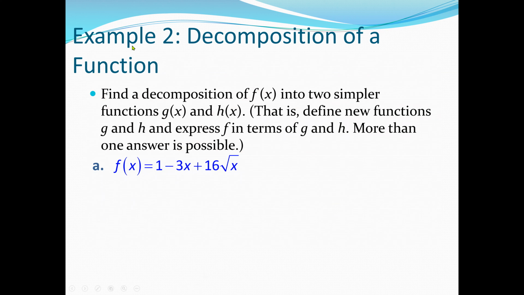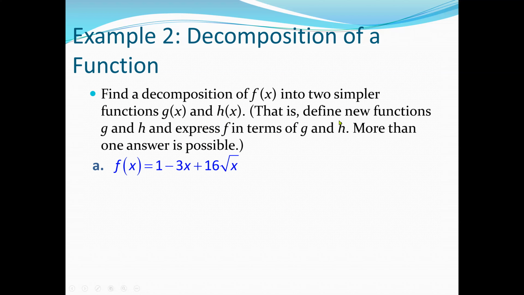So let's see the next example, which is decomposition of a function. Now here they say we should find a decomposition of a function f at x into two simpler functions, g at x and h at x. We know decomposition means we have a big unit and we have to break it into smaller parts. So here we have a function f at x, and we are going to break it into smaller parts, g at x and h at x.